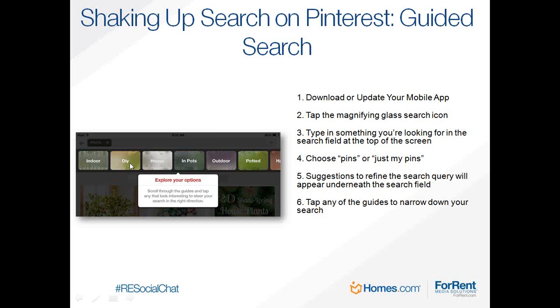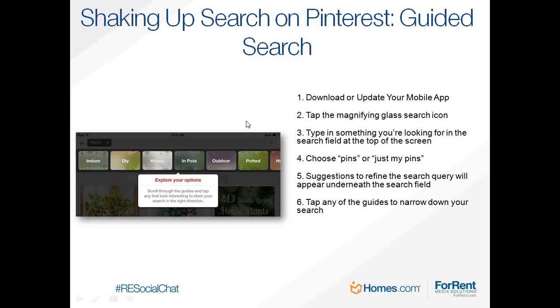And then last but not least, with the first steps of how you can utilize guided search, you're going to want to tap any of the guides like these here to narrow your search and silo it into content that you actually want to engage in. Also, Pinterest allows you to select up to 3 guides.